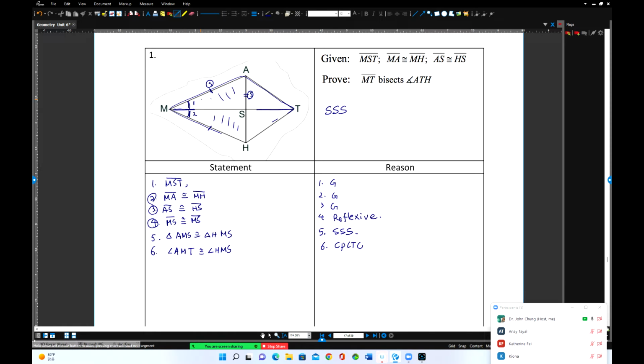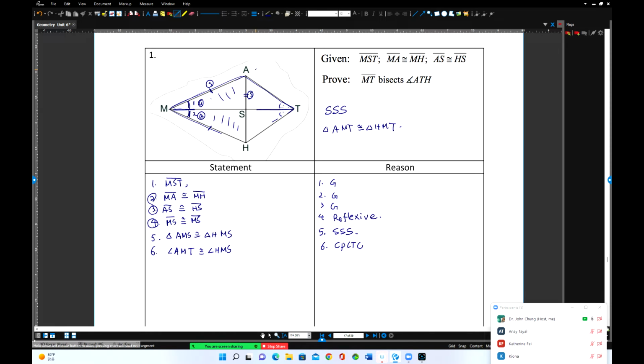Now we got one angle over here. One side over here. To prove, right, these two angles are corresponding, okay? So we have to say, right, this triangle AMT must be congruent to triangle HMT. We have to show this one, okay? The large one, okay? AMT and HMT, so these are corresponding angles, okay?